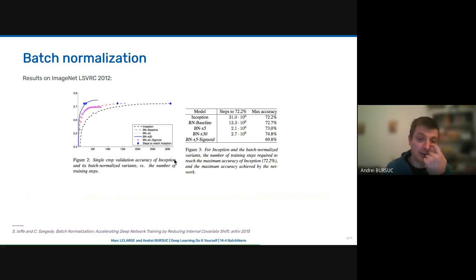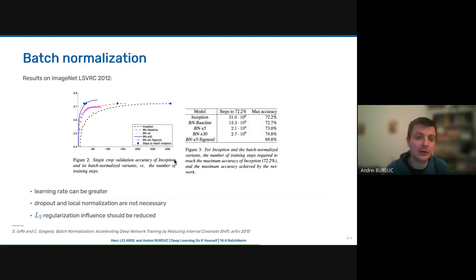The big advantage of Batchnorm is that it enables large learning rates because the statistics are stable. That's actually the secret for why we reach this performance so fast. To some extent, it reduces the impact of L2 regularization, though there are several studies, one from my group as well, that study the relationship between Batchnorm, L2 regularization, and weight decay.